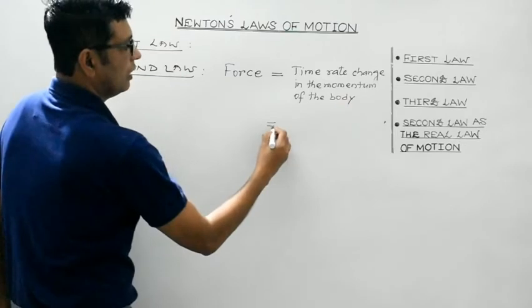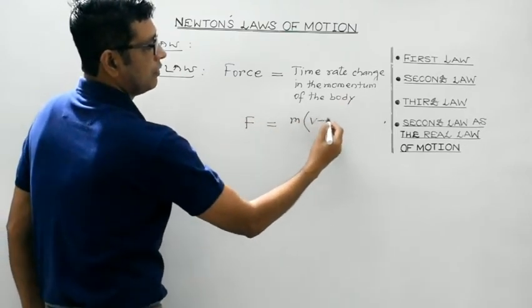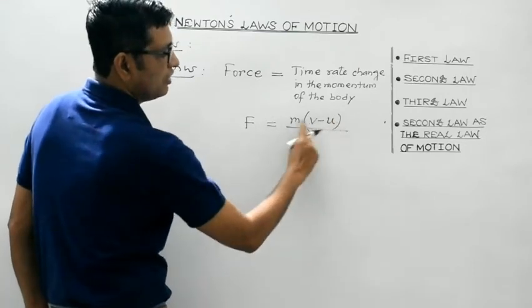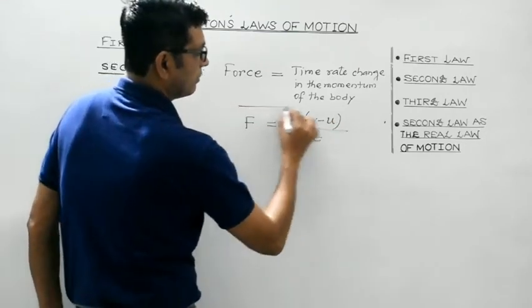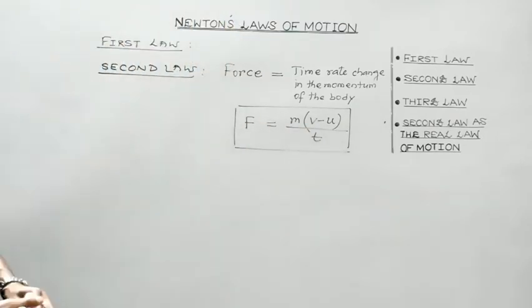Right? And time rate change in the momentum of the body is m(v minus u)/t. This is the change in the momentum divided by time. Right? So, this is the expression.